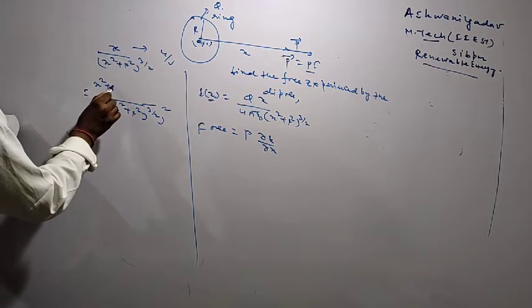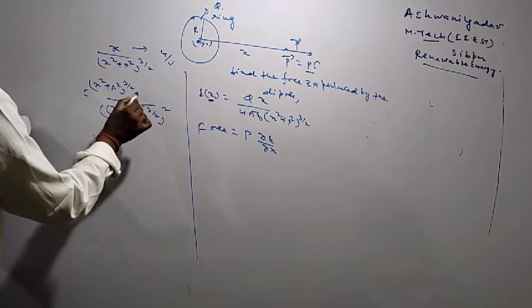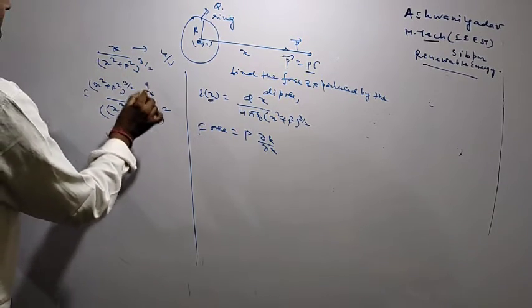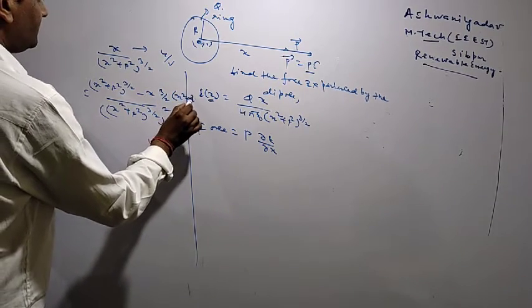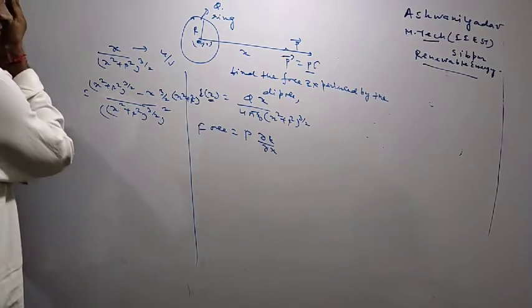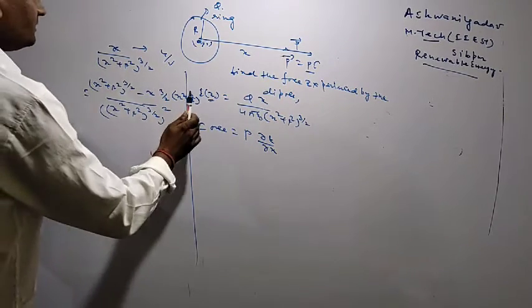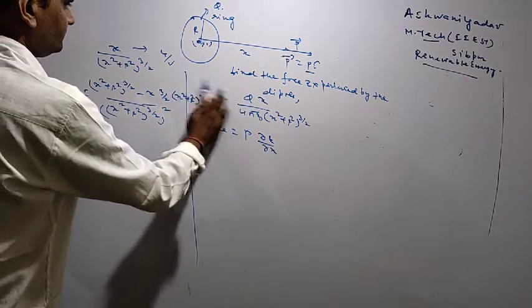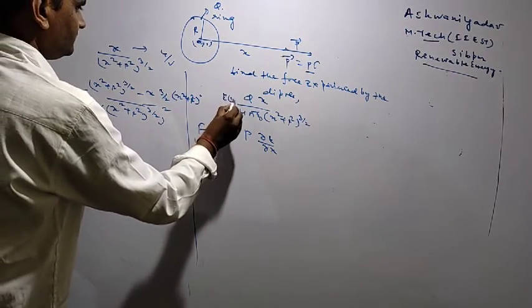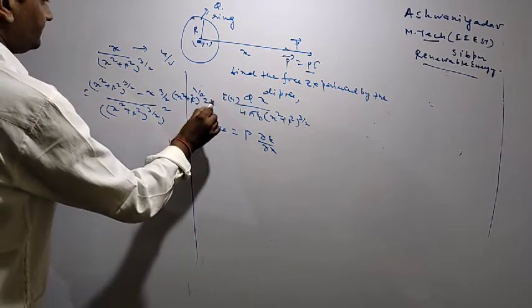Now, the x square plus r square to the power 3/2, the differentiation of x is minus x. Now 3/2 times (x square plus r square) to the power half and 2x.